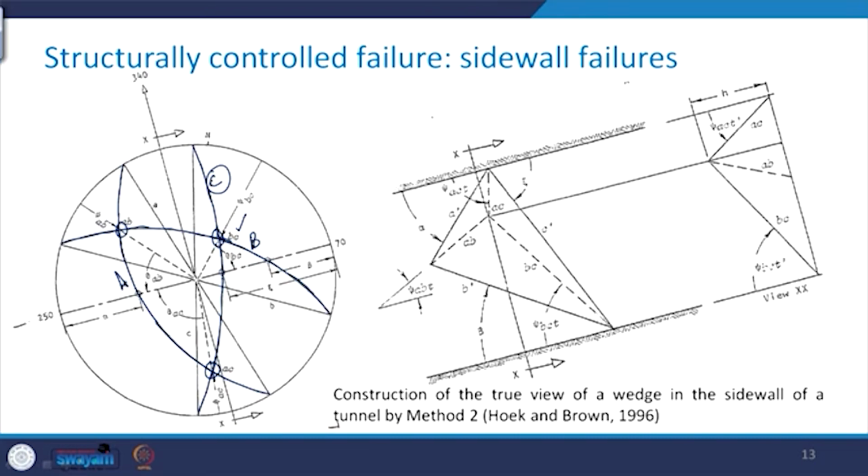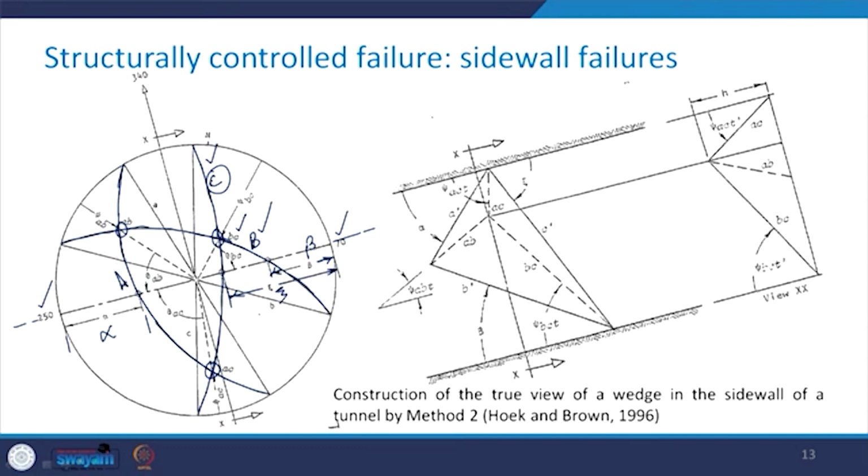So, you see that the tunnel axis is running in this direction, 250 to 70 degree. So, wherever this intersects this great circle A, this angular distance is alpha. Come to the great circle B, and along this axis, whatever is this angular distance from here to here, which is beta, and with respect to the circle C, this distance is zeta.